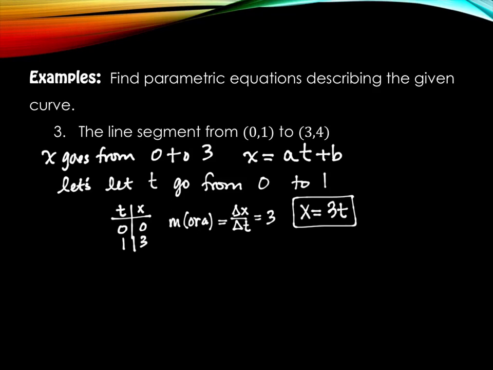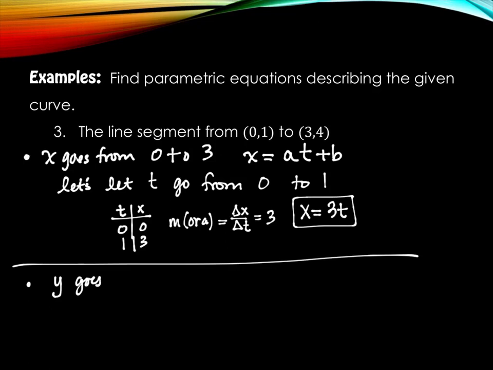Now we're going to do the same thing for y. So this is sort of step 1, kind of like a bulleted point. Step 2 says the same thing. So y goes from 1 to 4. And again, it's linear, so y is equal to at plus b.